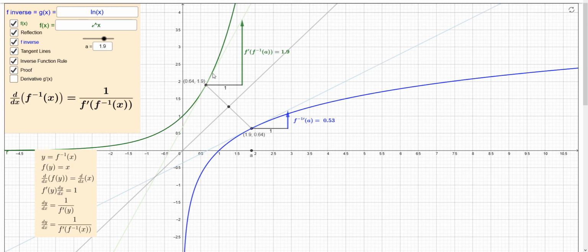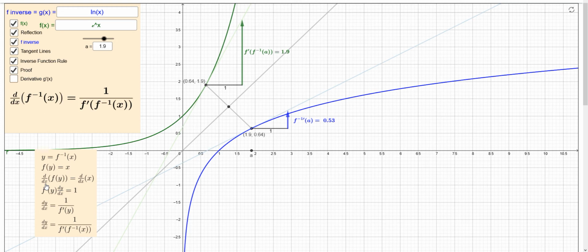So remember that the f is the green one here, so the output of the input here is the output over here on the original one, on the f inverse. Right, so what's the output y here is the input here. Now we take the derivative of both sides with respect to x. Well, the derivative of x with respect to x is 1. The derivative of f of y with respect to x is just f prime at y, but the y and the x are not the same letters, like we did a substitution.